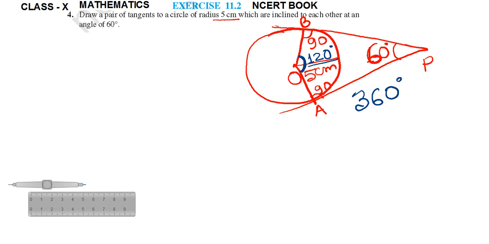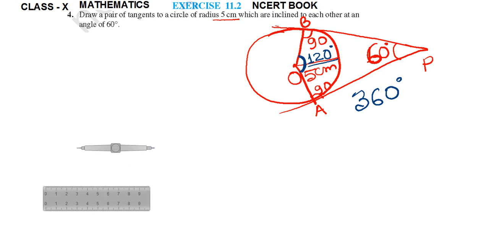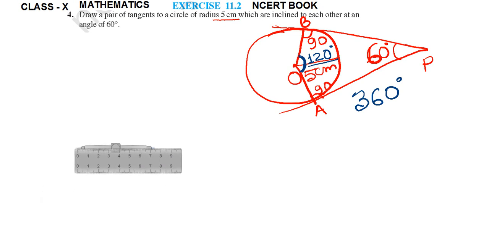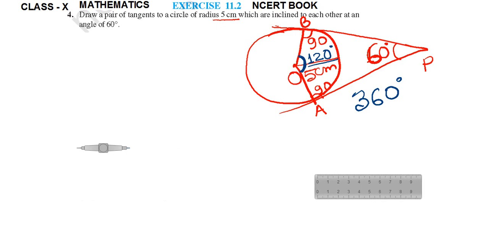So now first of all we will draw a circle of radius 5 centimeter. This is 5 centimeter we have chosen, look here, 0, 1, 2, 3, 4 and 5, using a scale. Now we will draw a circle. Okay, circle has been drawn.